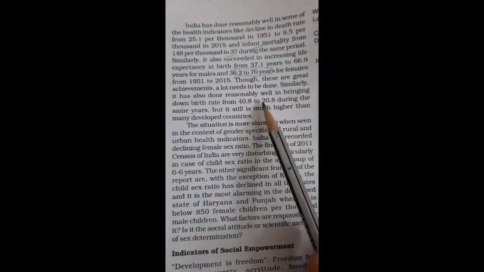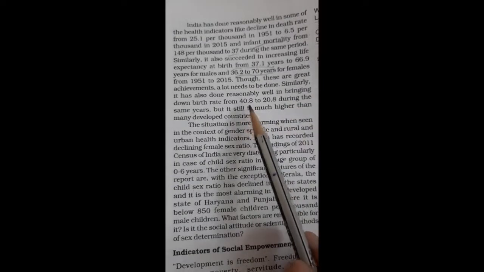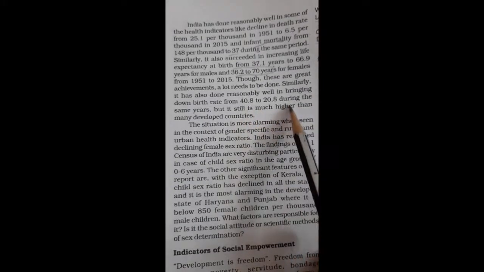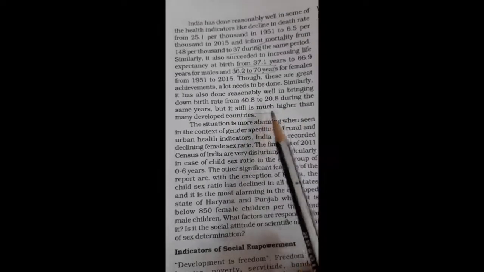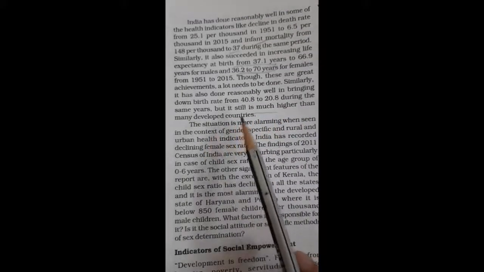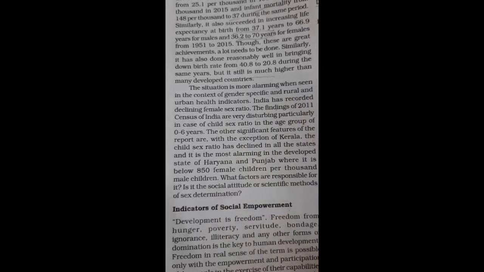Similarly, it has also done reasonably well in bringing down birth rate from 40.8 to 20.8 during the same years, but still it is much higher than many developed countries. So, we see though the birth rate is decreasing now, death rate is also declining, and life expectancy is increasing.